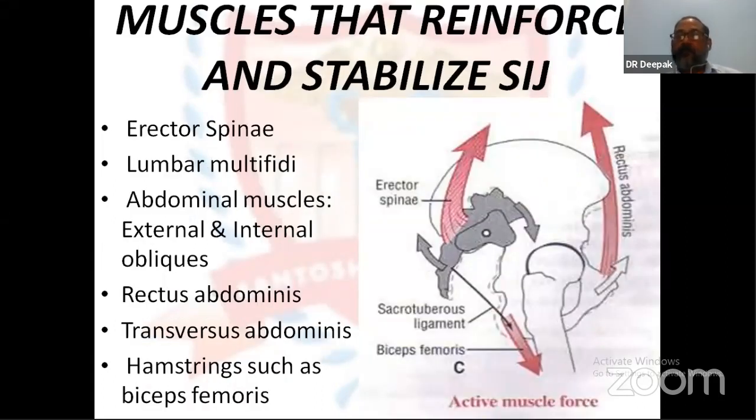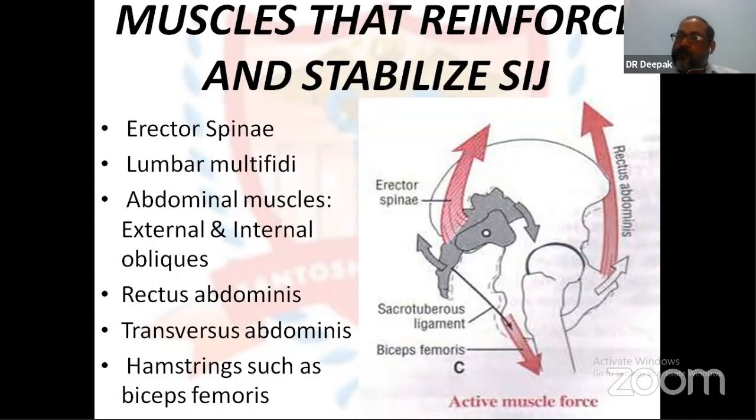So, come to the muscles that reinforce and stabilize the SI joint. The SI joint is controlled, stabilized and reinforced by a certain group of muscles. When there is imbalance in these muscle groups, then SI joint dysfunction occurs due to muscle imbalance. So, these muscle groups should be well controlled and strengthened.